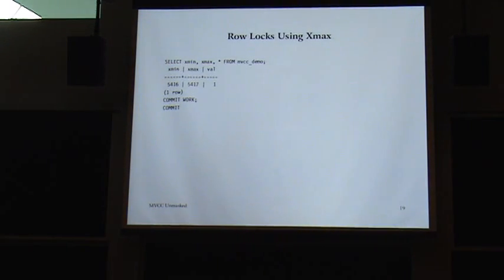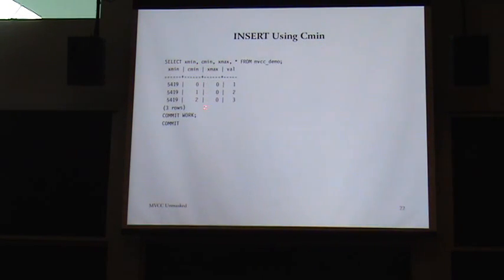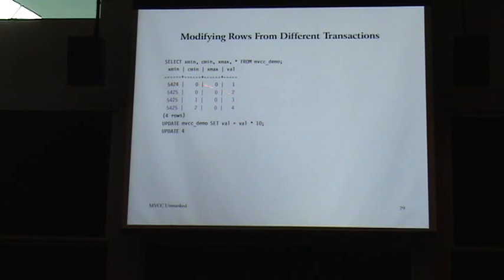For multi-statement transactions, we also have a cmin that we use to indicate which command within a multi-statement transaction has created that row. Here's an example where you can see we have one row created by one transaction and then 3 rows created by a second transaction.